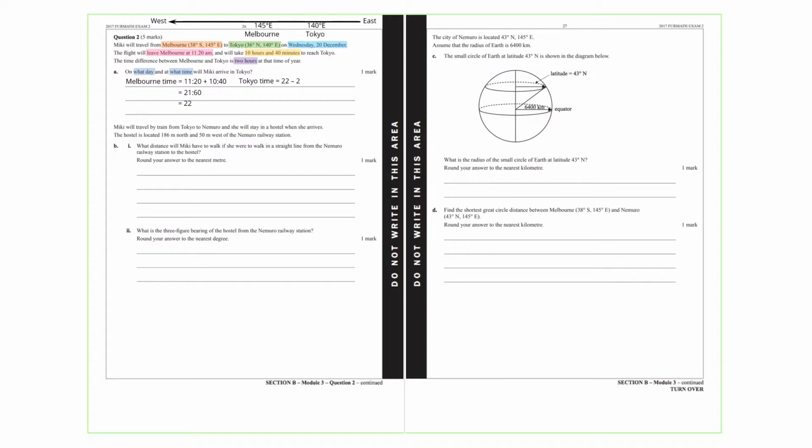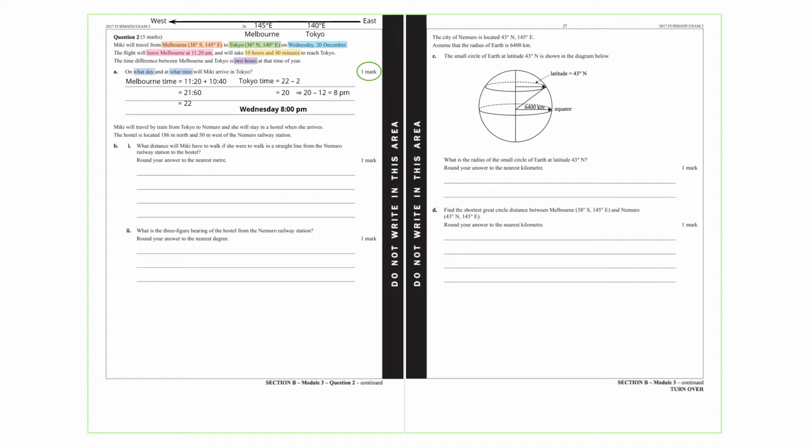So this gives us 20:00. 20 minus 12 is equal to 8, which is 8 p.m. So Miki will arrive in Tokyo on Wednesday at 8 p.m. This question is worth 1 mark for the correct answer.